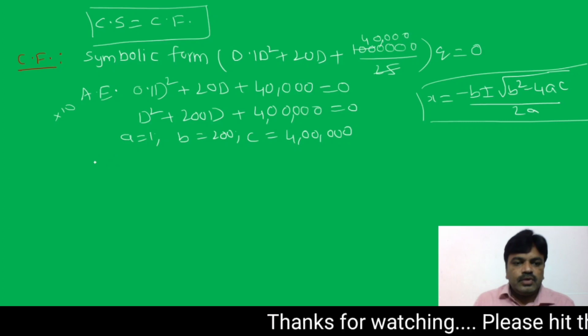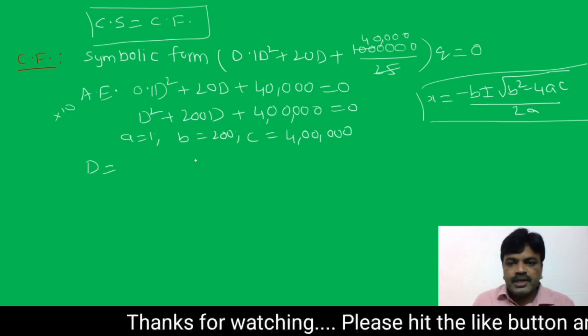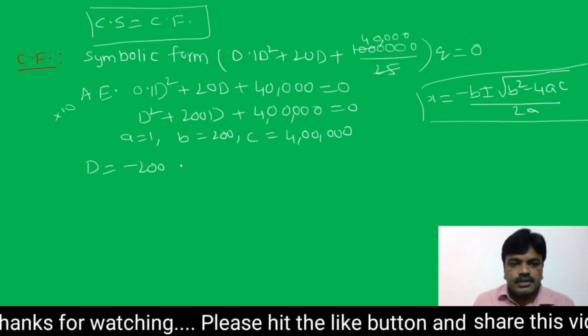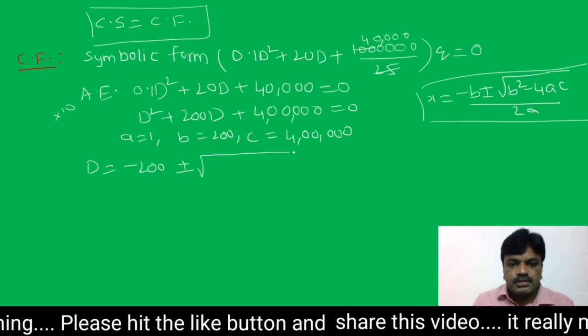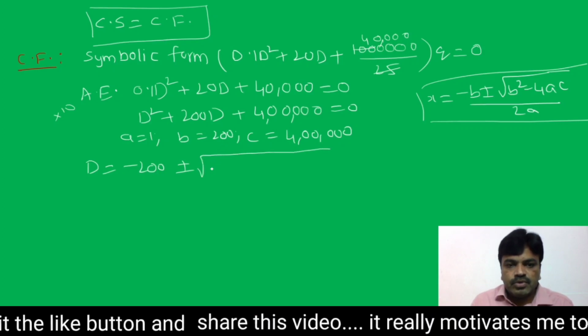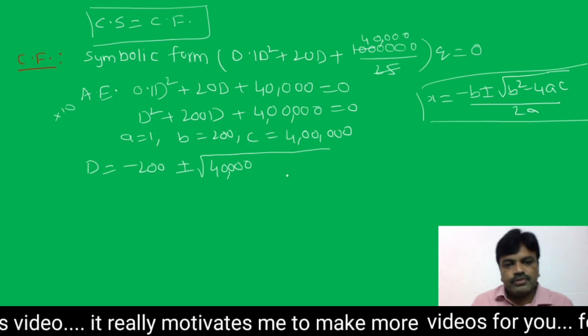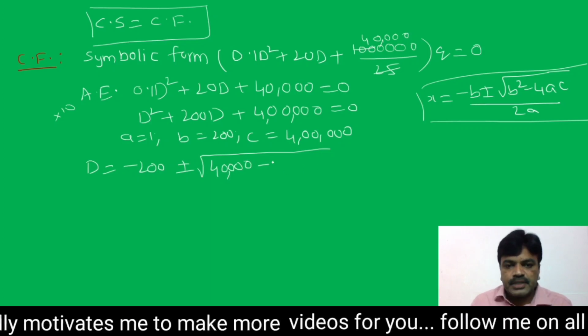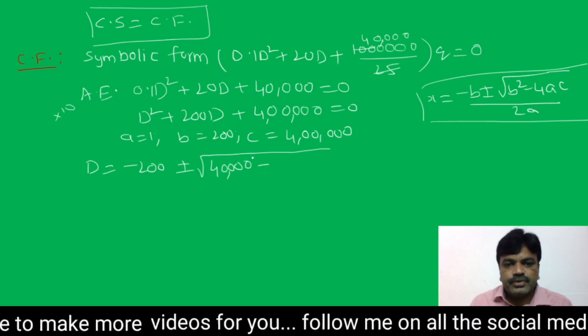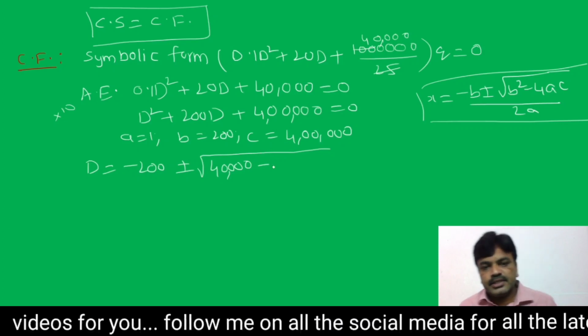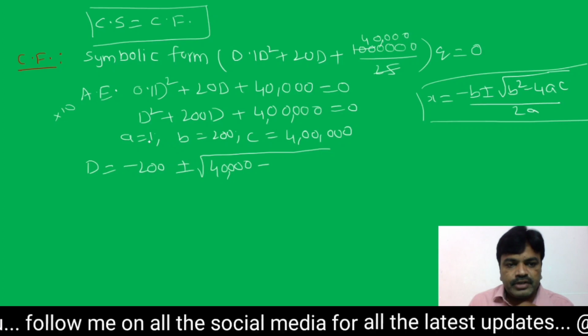Okay. Now d is equal to minus b. So minus 200 plus or minus square root of b square, 200 square, that means 40,000, minus 4ac. 4 into 1, a value is 1.